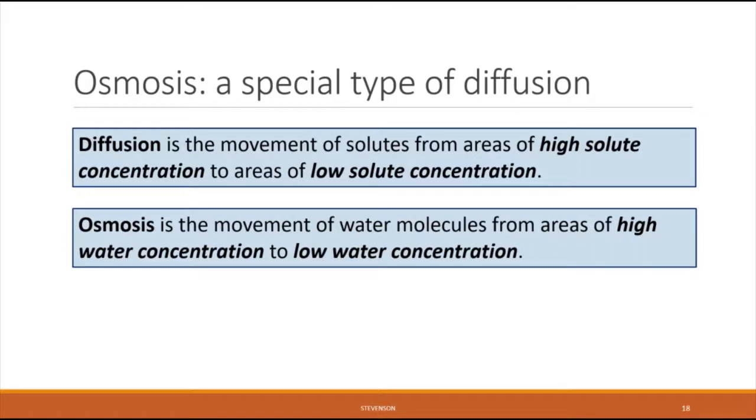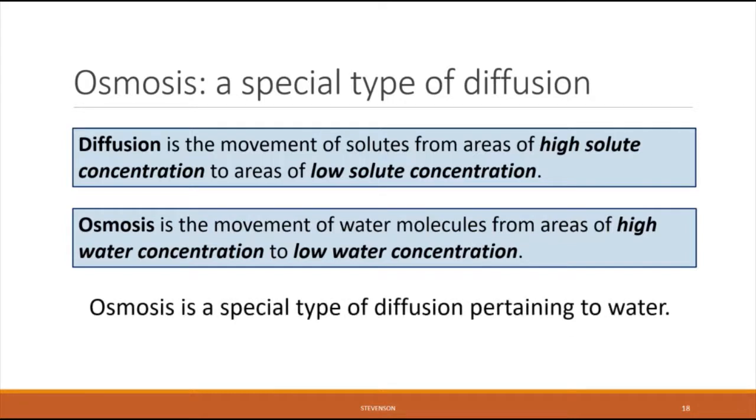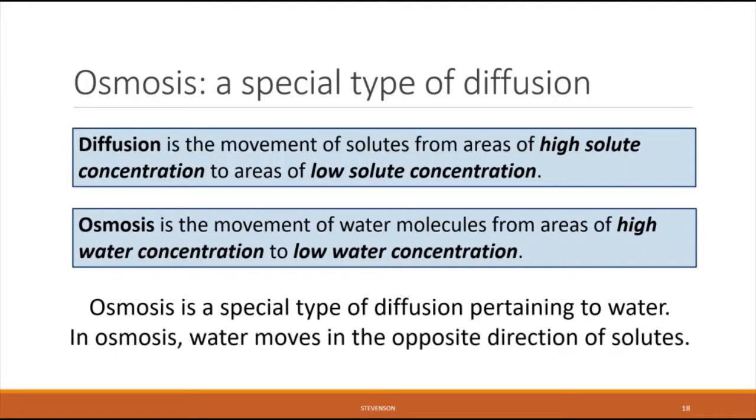Whereas diffusion pertains to the stuff that is dissolved in water, osmosis pertains to the water itself. Whereas the molecules that are dissolved will move in one direction, osmosis is the tendency of water to move in the exact opposite direction. So osmosis is, as I said, a special type of diffusion pertaining specifically to water molecules, where water will move in the opposite direction of the solutes or the dissolved stuff.